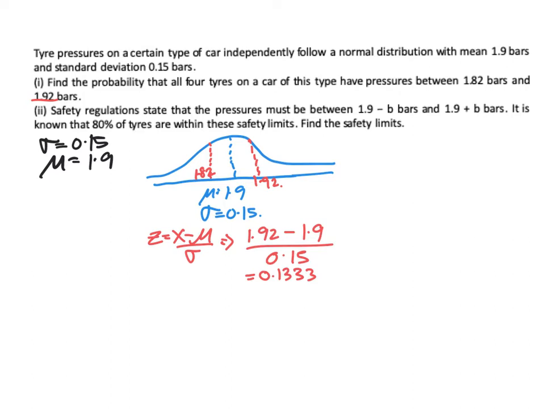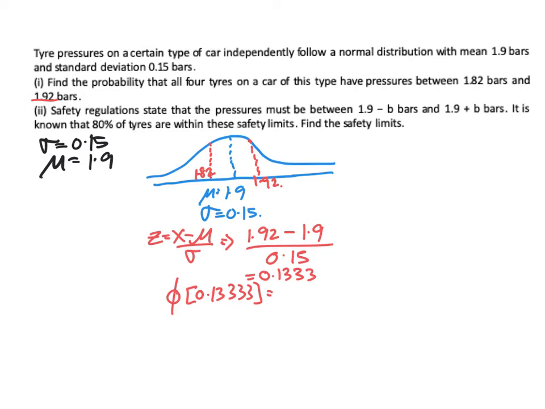Now find the Φ of 0.13333. This Φ can be found from the normal distribution table. Using the table you can find the answer.